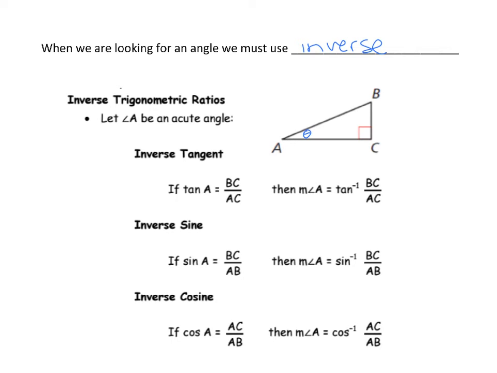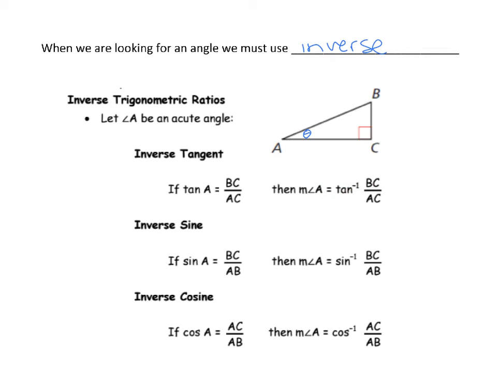All right, so now let's say we're looking for an angle. That means we have the sides, but we're not sure what our theta is. So we're looking for theta. When that occurs, we have to use something called the inverse trig ratios. That's a feature that we have in our calculators, and it's written with the -1.